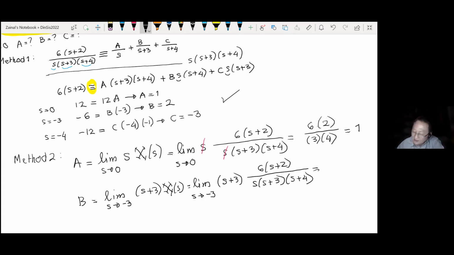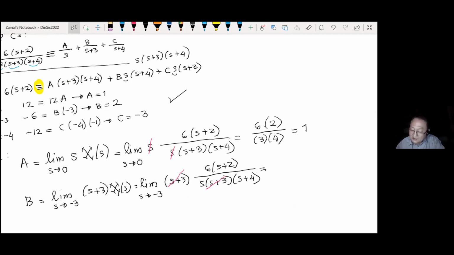This one cancels out with this one, right? Now you substitute minus 3, then what you have, this one is 6 multiplied by minus 1, while this one is minus 3 plus 4, which is 1. What you have is 2.